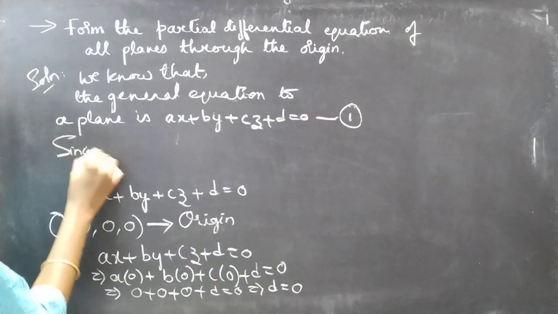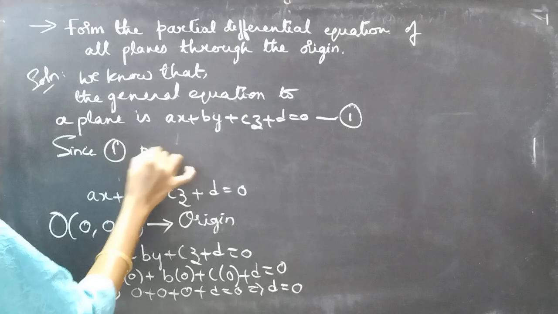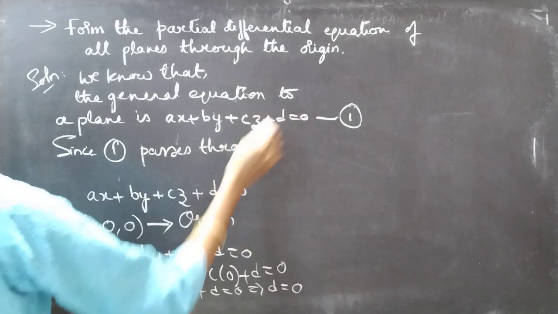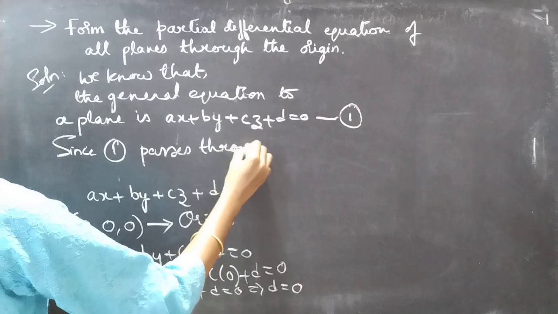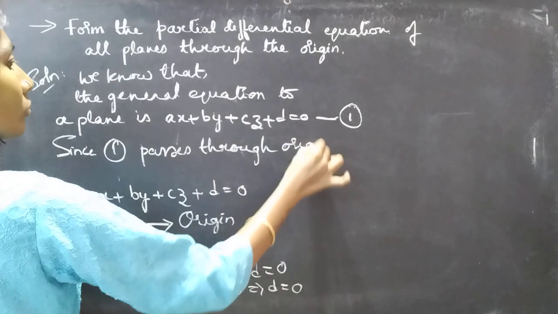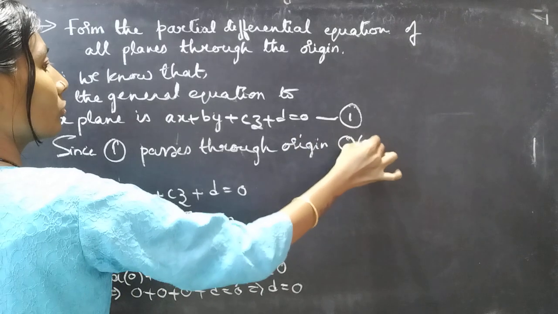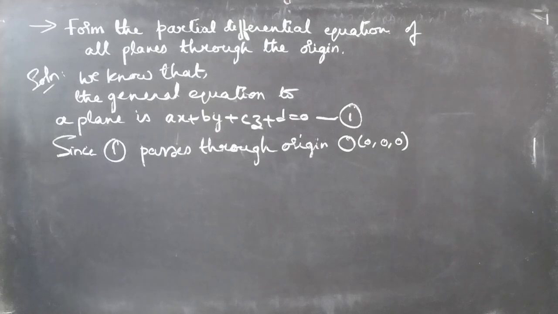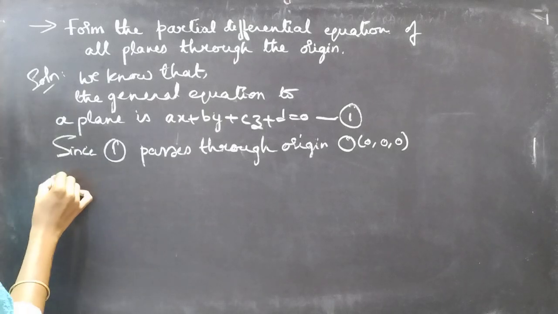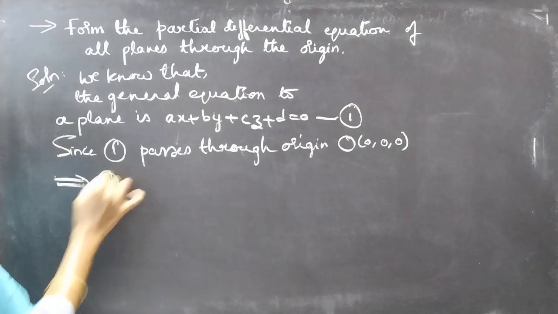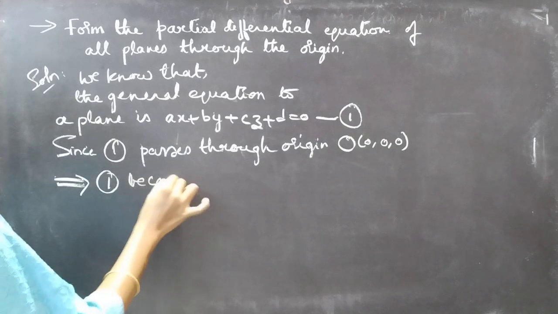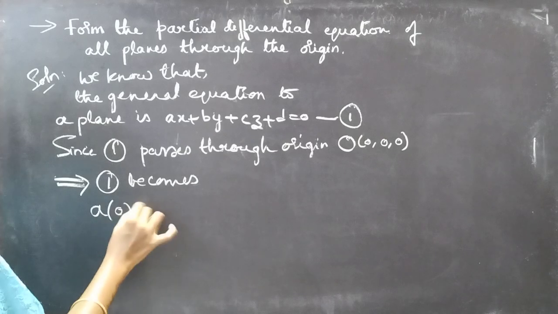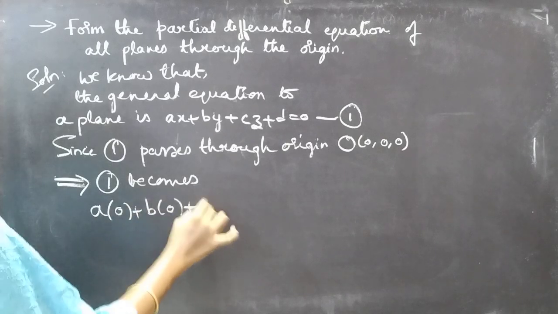Since 1 passes through the origin, then 1 becomes a into replace x by 0, y by 0, z by 0.